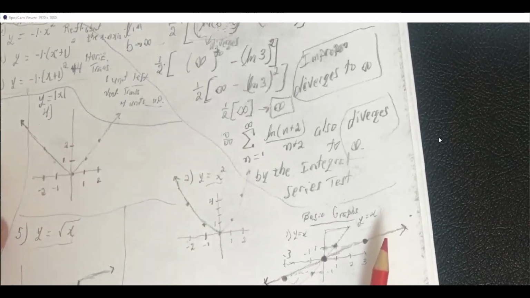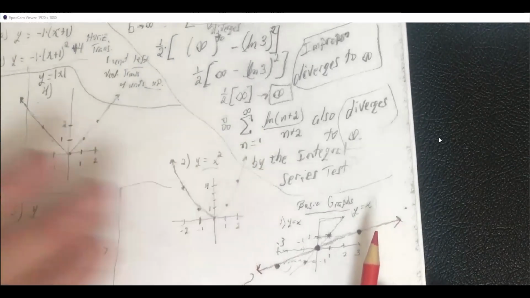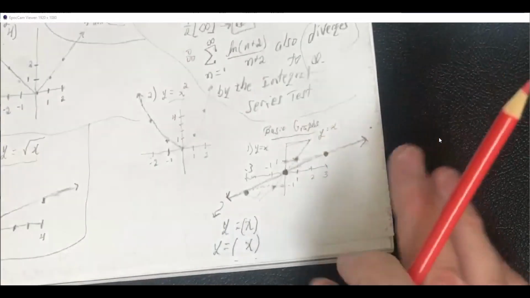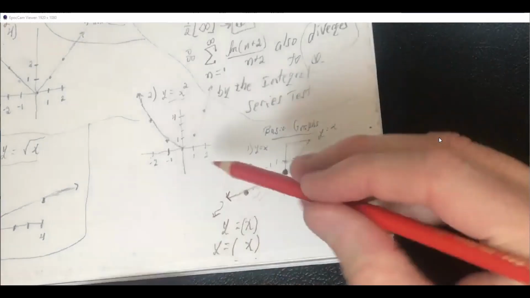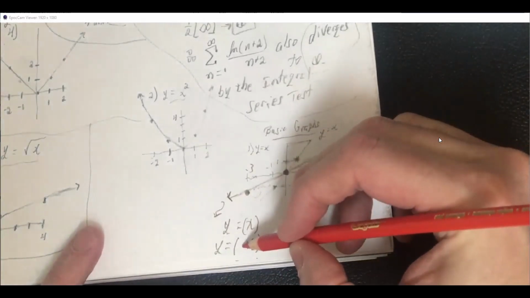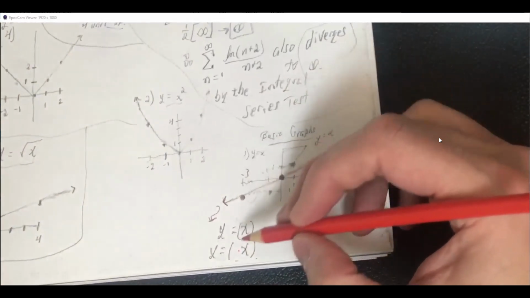We moved it 4 to the what? Left. To the left, yeah. So when you move with respect to the x dimension, the equation that is written has the mathematical inverse operation on it.